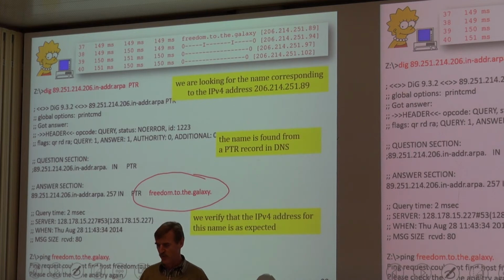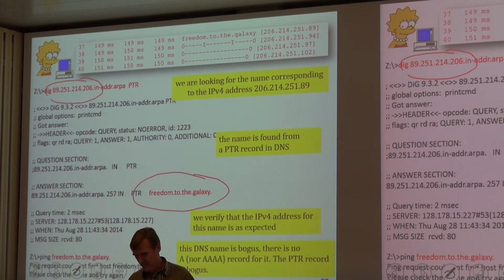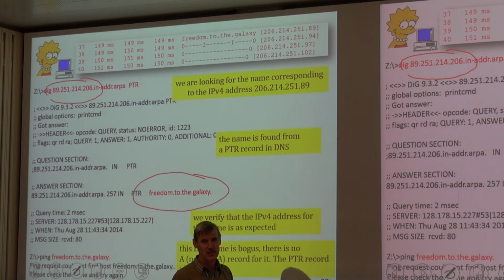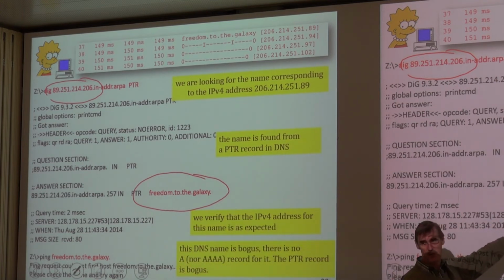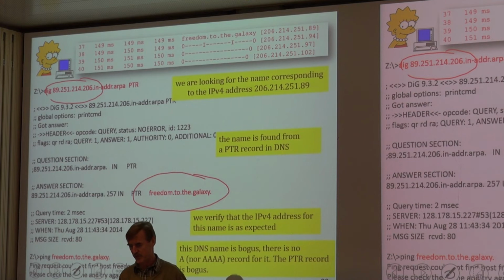So whoever owns those machines has put bogus reverse pointers into the DNS system. They are bogus because if I try a dig, or a ping, which will automatically do a resolution, to find the IP address that corresponds to this, I find an error message. So the other record is not present.